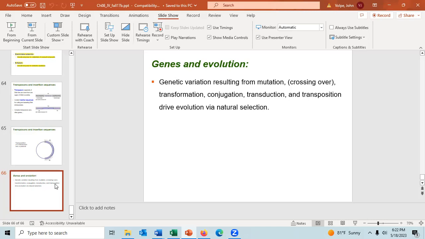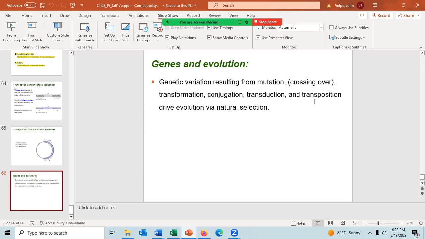But once the population has that gene, it can spread around by crossing over, and that just shuffles the DNA, making new combinations possible. But it can move between organisms by transformation, conjugation, and transduction.